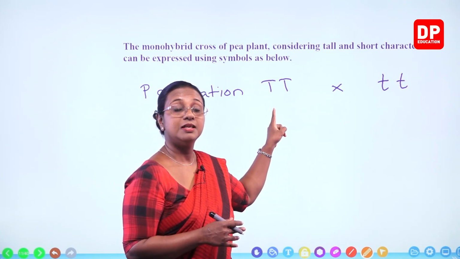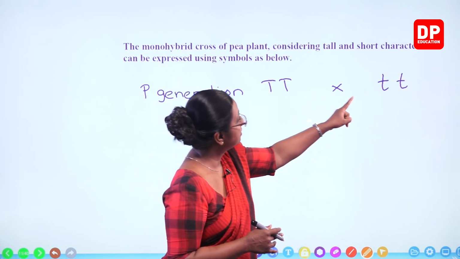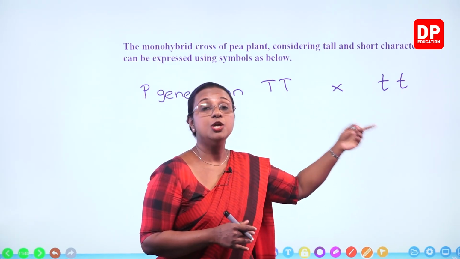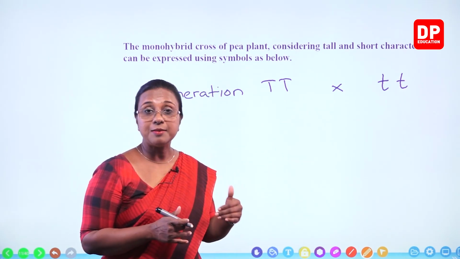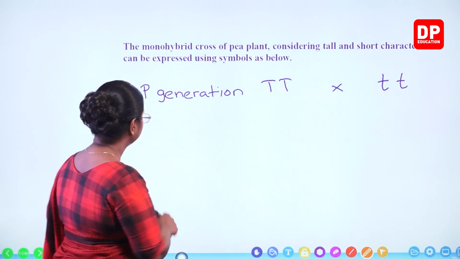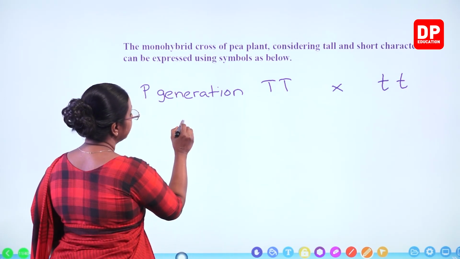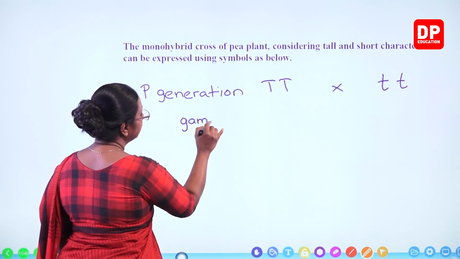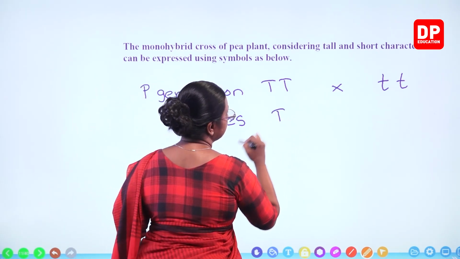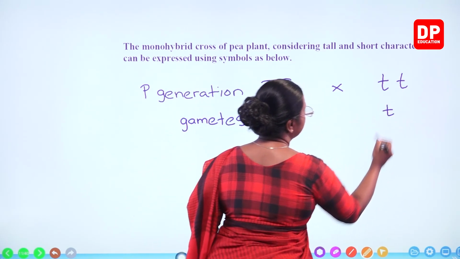Two factors. Capital T, capital T. This is also diploid, 2N. Simple t, simple t. So from that, when the gametes are formed, only half the number of chromosomes are obtained. So parental generation, then we get the gametes. Gametes will be only T and simple t.